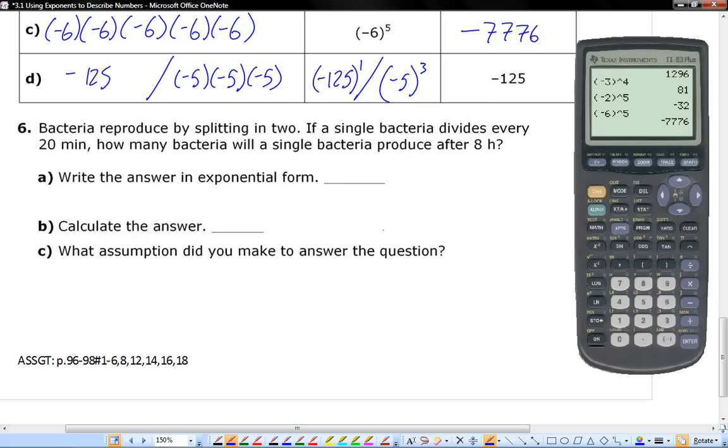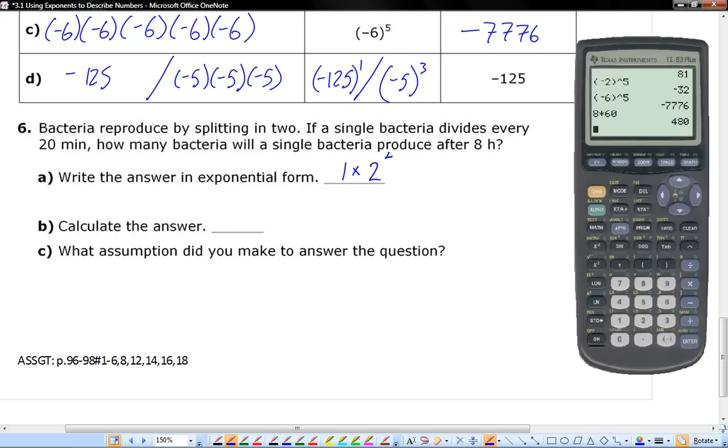So in exponential form, we start with 1 initially, and we keep multiplying by 2. So 2 to the power of how many 20-minute intervals are there in 8 hours? Well, 8 hours times 60 minutes is equal to 480.